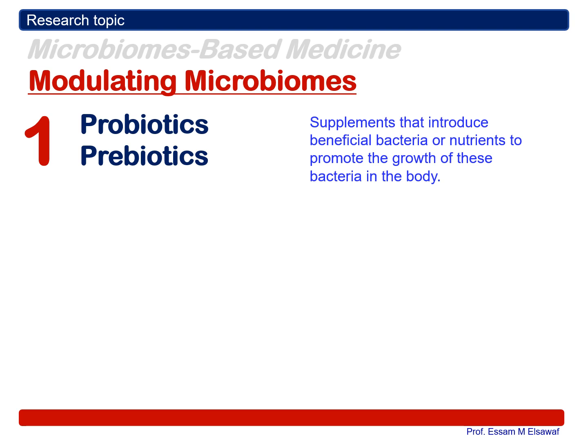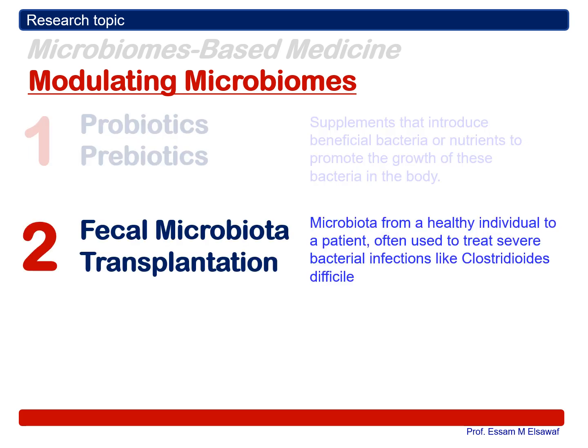Second, fecal microbiota transplantation, microbiota from a healthy individual to a patient, often used to treat severe bacterial infection. Any patients who may have such dysbiosis in the form of decreased beneficial microbiota are given microbiota from a healthy individual to increase the decreased beneficial microbiota. I hope you are not lost.